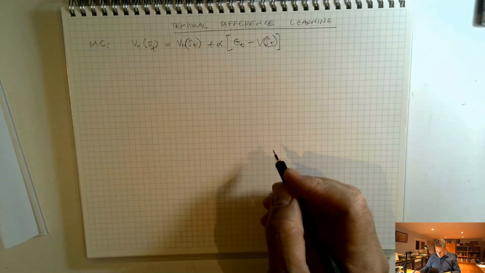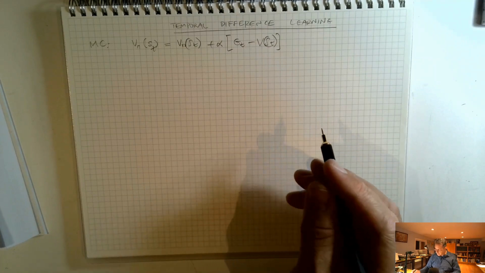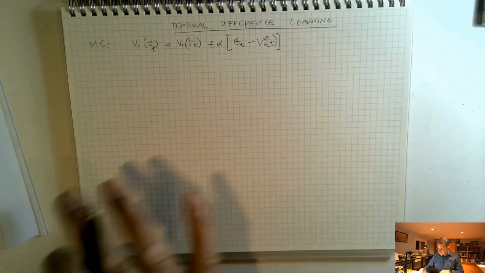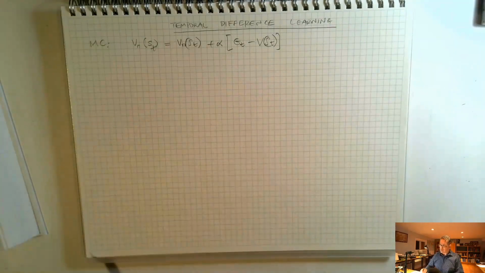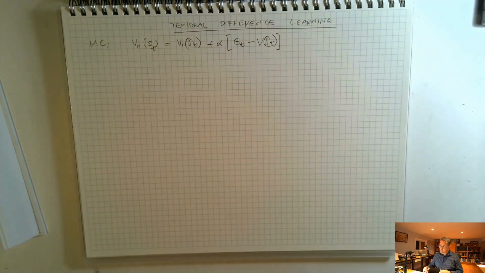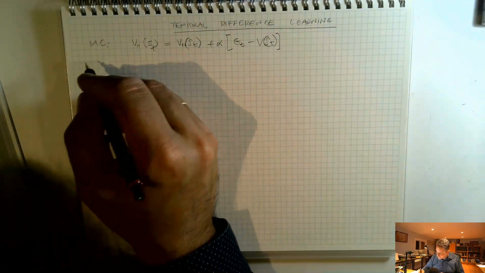Of course, this means that we have to wait until the actual realization of the episode and all the experience formulated within the episode until we are able to update this value function.